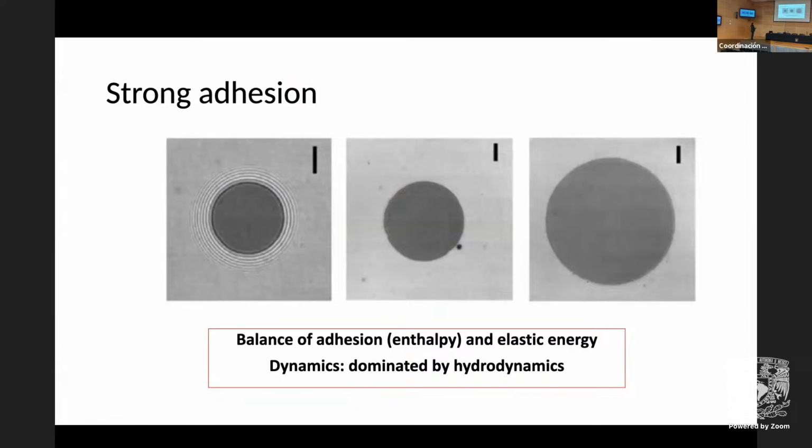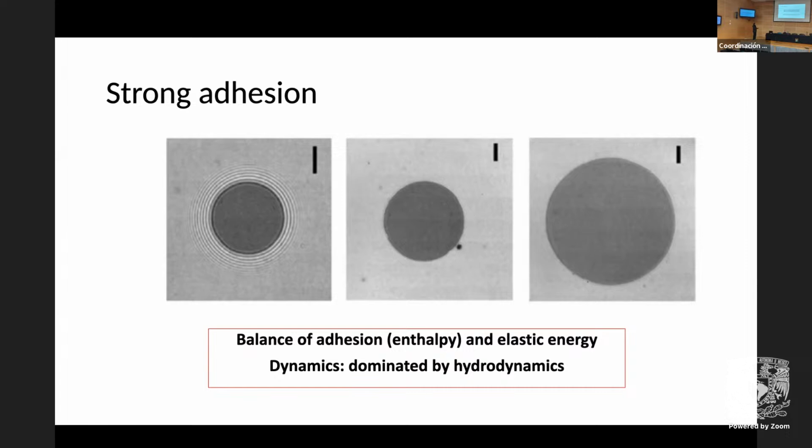The dynamics is dominated by hydrodynamics, meaning when the membrane is adhering, it has to push away the water, and this determines the time scale. This was studied 30 years ago, very boring. We didn't want to go into that because it was already known. What we wanted to look at is the limit where the adhesion is very weak.